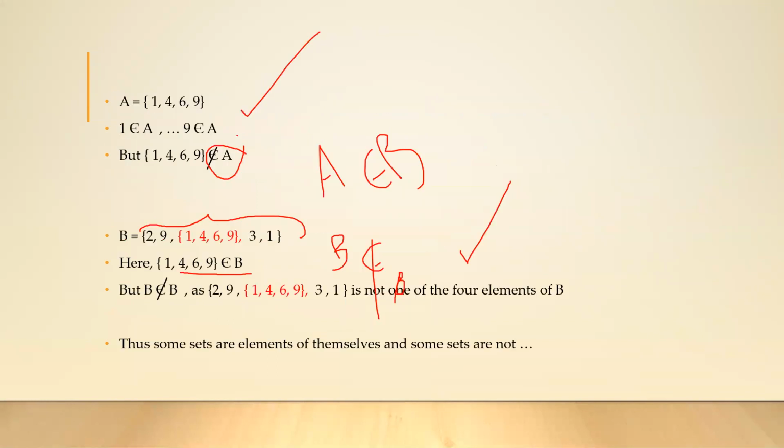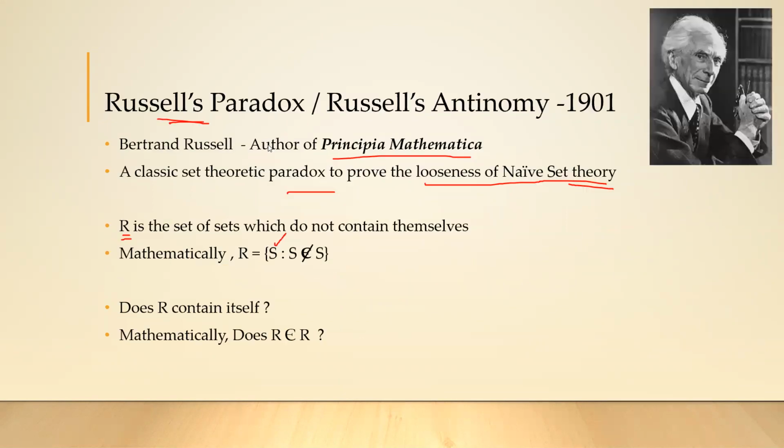Okay, so an example is this. A doesn't contain itself. When you look over here, B doesn't contain itself. So what Russell started off with, I have a set called R, which has many sets. If I think of my example, I do have A, I do have the set B, I do have n number of sets, all which do not contain themselves.